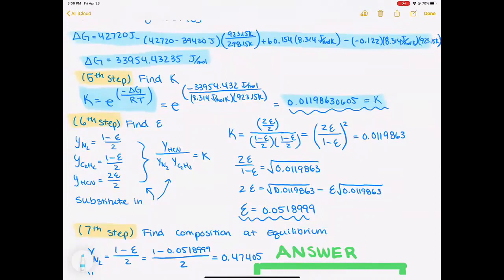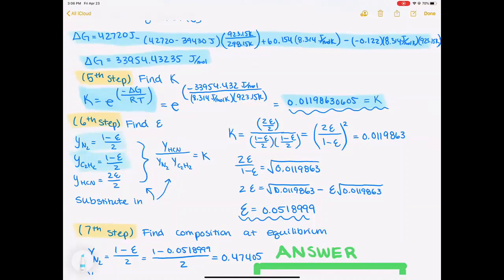Basically the mole fractions of each reactant and product are given based on the coefficients in the normal chemical equation. So the mole fraction of Y is this, which is the same as the mole fraction for C2H2. And so the mole fractions of N2 and C2H2 are the same.